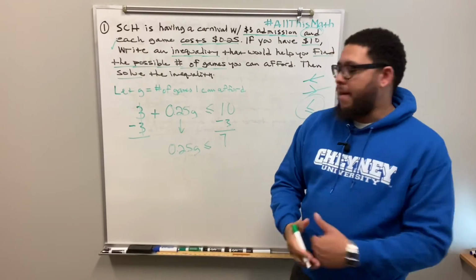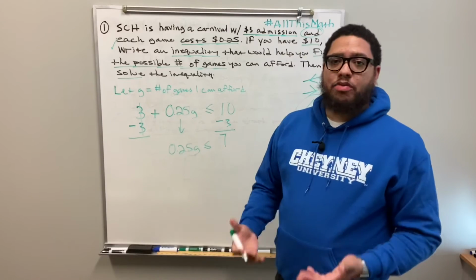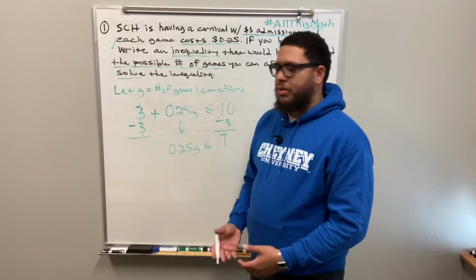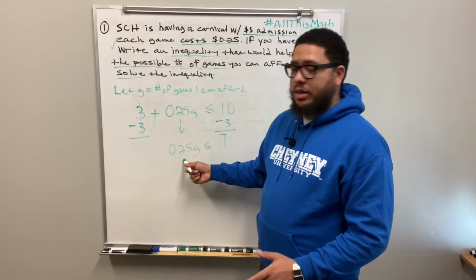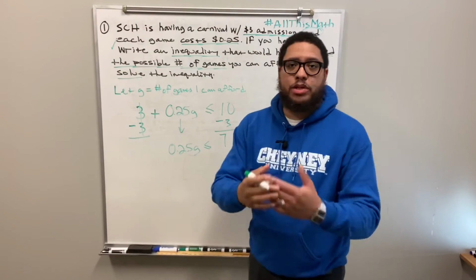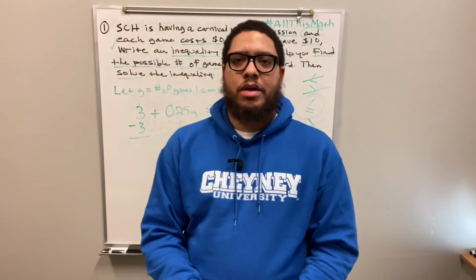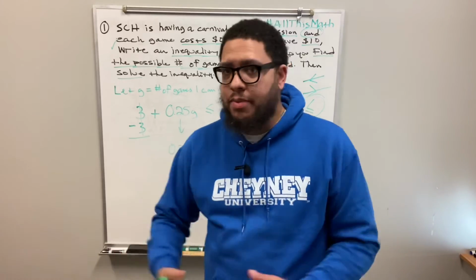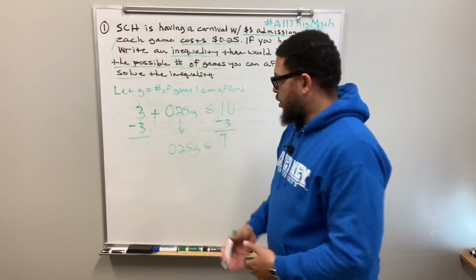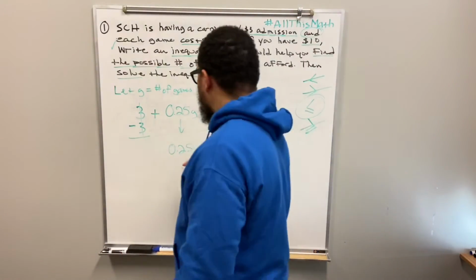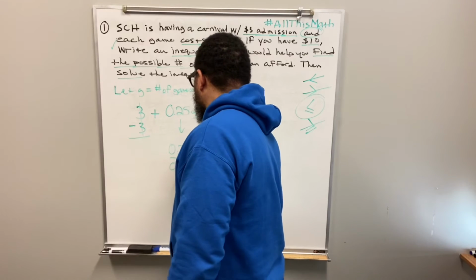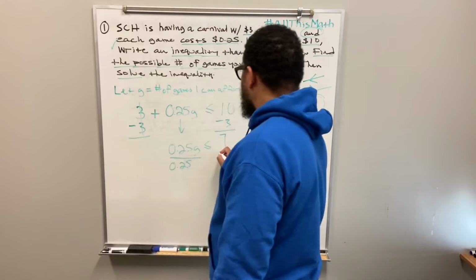Now, how do I do that? Again, the opposite operation. Opposite from what, though? Whatever 0.25 is doing. 0.25G means 0.25 times G. That's multiplication. So the opposite of multiplication is division. That means I'm going to divide by 0.25 on both sides.